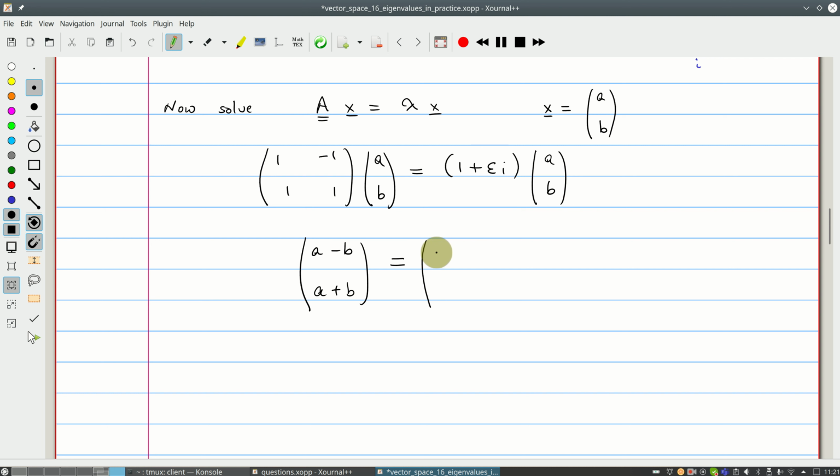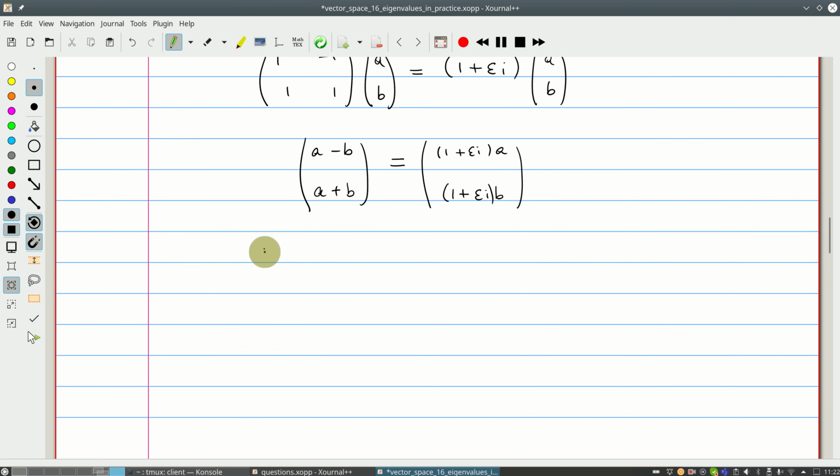So we'll have 1 plus epsilon i times a as the first term, and 1 plus epsilon i times b as the second term. So we have to have, therefore, a minus b equal to 1 plus epsilon i times a, and a plus b equal to 1 plus epsilon i times b.